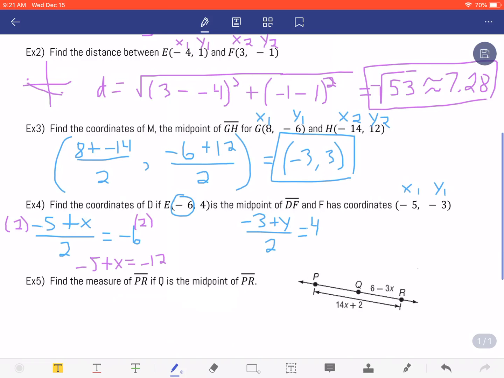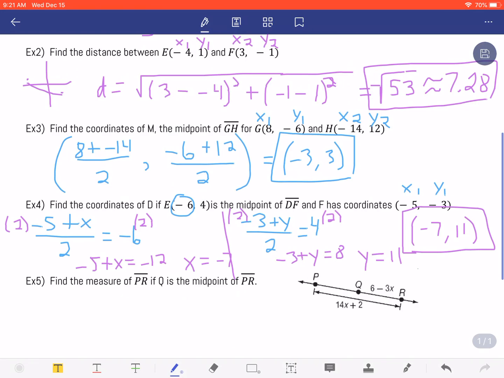Add 5 to both sides and you get -7 for x. Then here we'd multiply both sides by 2. I get -3 plus y equals 8. So add 3 to both sides, you get y equals 11. So my new point would be -7, 11.